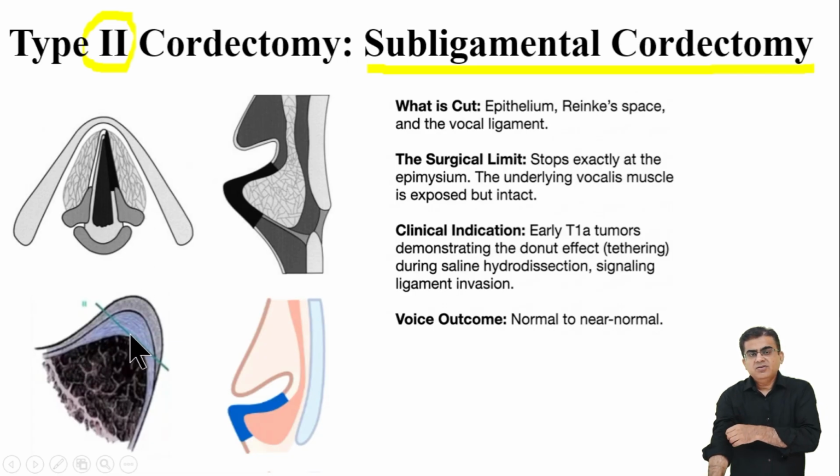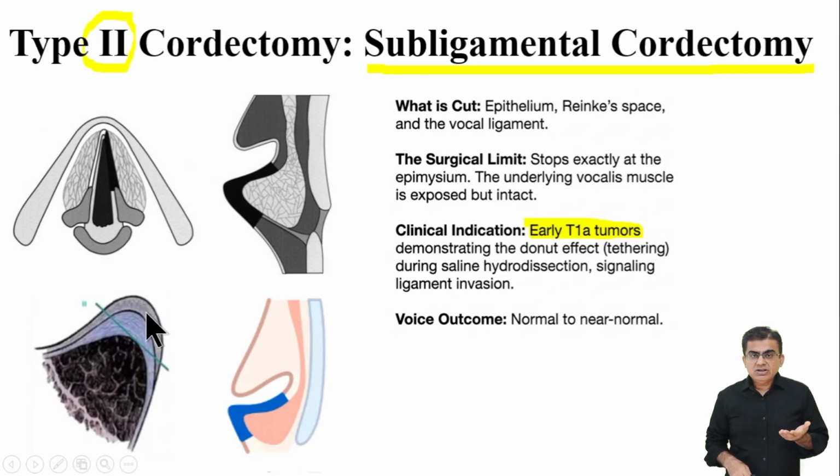When do we actually perform this deeper cut in the operating room? We use it for early T1A tumors when we suspect the cancer has deeply invaded the ligament. How do you clinically prove that you are really dealing with the T1A tumor during surgery? You must inject sterile saline directly into Reinke's space to lift the tissue up.